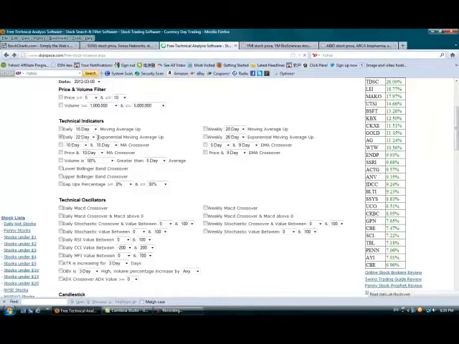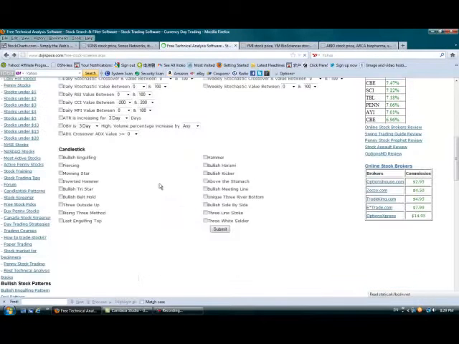Let's say you want the 5-day exponential moving average up, and then you want the volume to be 50% greater than the 5-day average. You can change it to 60% or a different day average. Let's leave it as the default, and then let's screen for now.